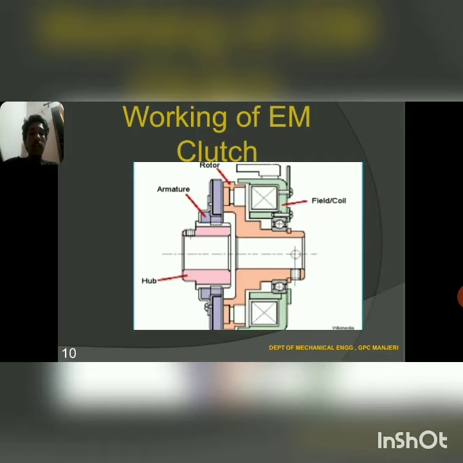Within a relatively short time, the load is accelerated to match the speed of the rotor, thereby engaging the armature and the output hub of the clutch. In most instances, the rotor is constantly rotating with the input all the time.